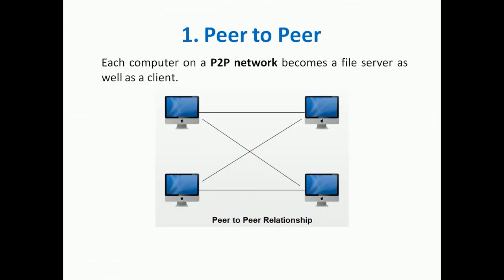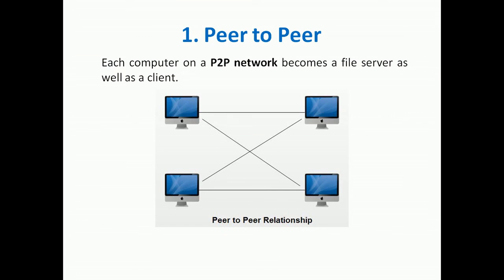First is peer-to-peer. Each computer on a peer-to-peer network becomes a file server as well as a client. Any computer can act in both the ways, as a server or as a client, whatever the requirement is. In peer-to-peer relationship, here we can see 4 computers, and every computer is connected to every other computer.